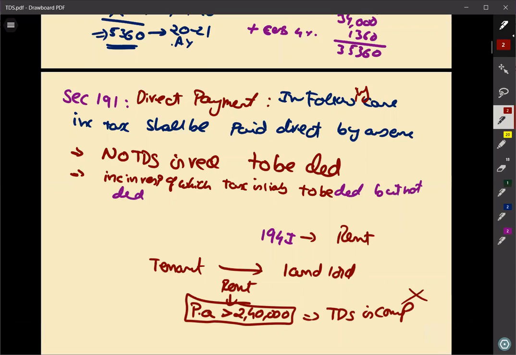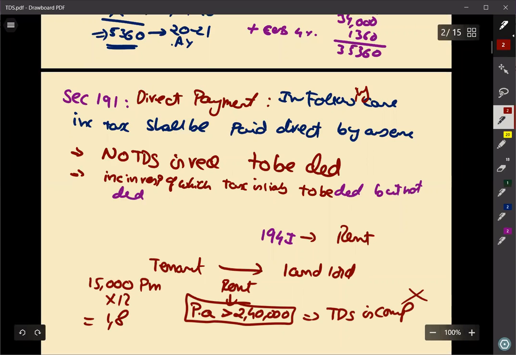Suppose the rent which you are paying to the landlord is 15,000 rupees per month. So what is the total rent you are paying? 1,80,000. This 1,80,000 is less than 2,40,000.